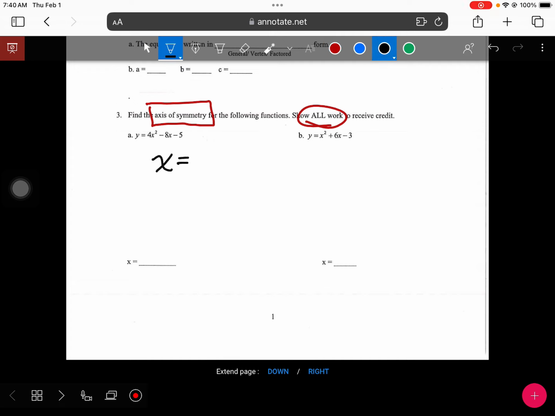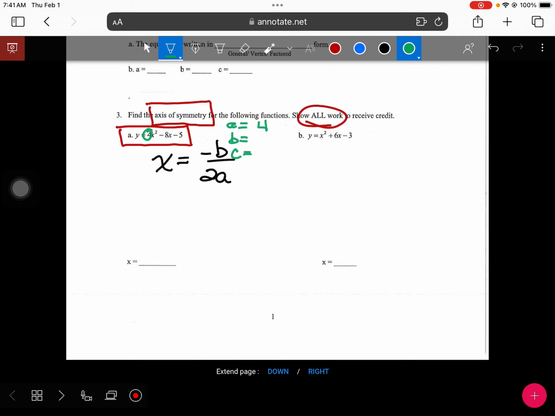X equals the opposite of B all over 2A. But first of all, we have to make sure that what we have is in general or standard form, which that one is. And it's helpful if we say, what's my A value, what's my B value, and what's my C value. So what is my A value in 3A? 4. What is my B value? Is it 8 or is it negative 8?